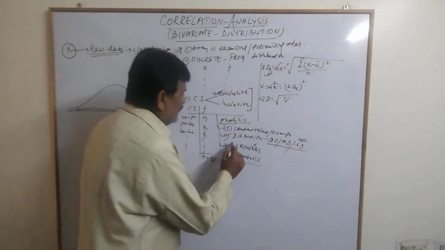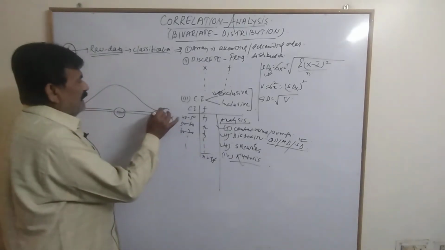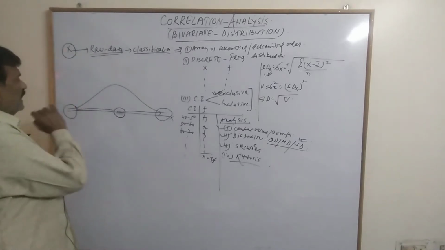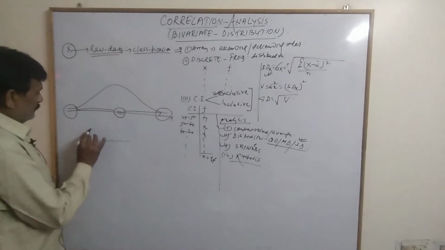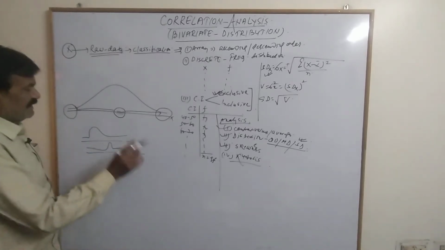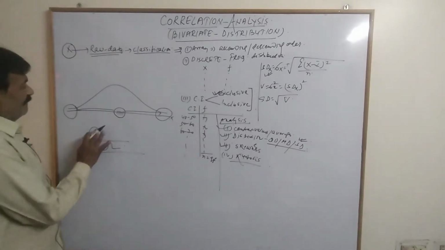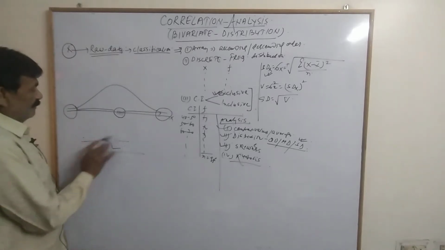Now third comes skewness. Skewness is the study of the behavior of the tail, these 2 tail ends. Because these tails could be of various types: positively skewed, negatively skewed, and data which does not have any kind of skewness is called normal distribution.